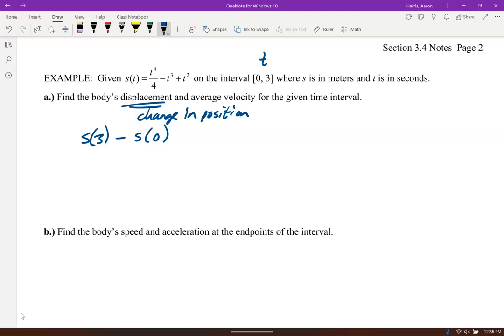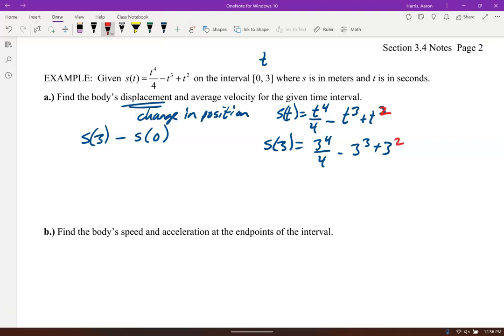Okay, so let's go to the side here. s of t is t to the 4 over 4 minus t cubed plus t squared, s of 3. Oops, that's a squared right there.